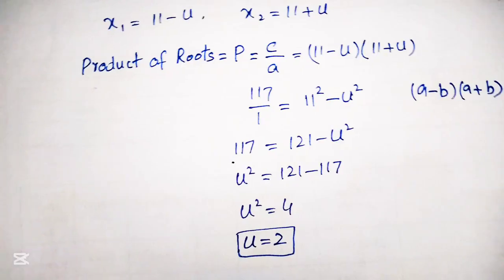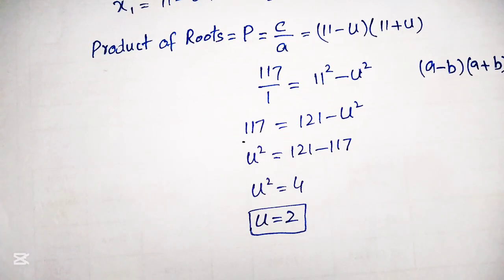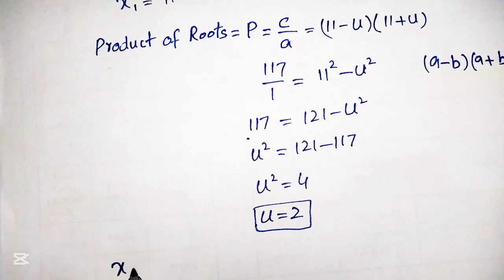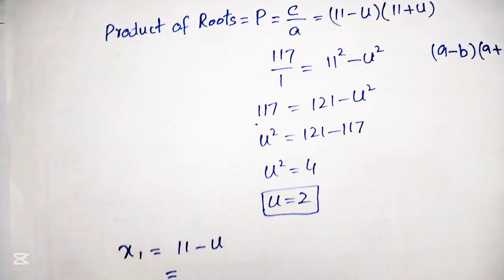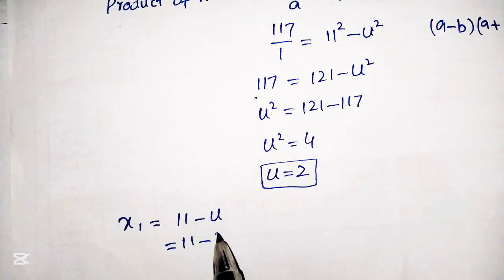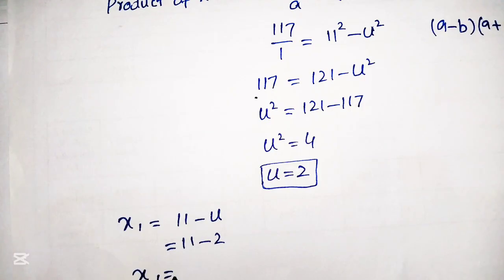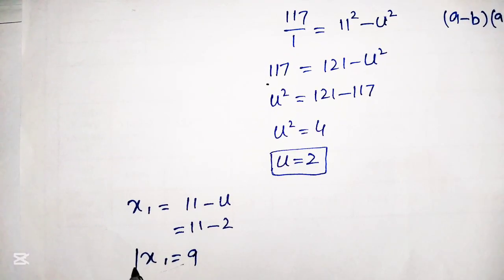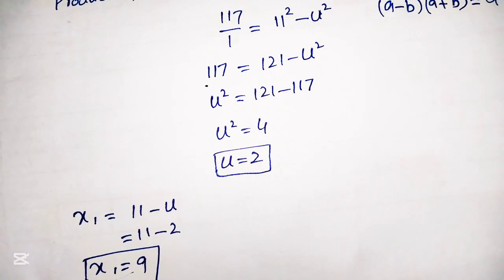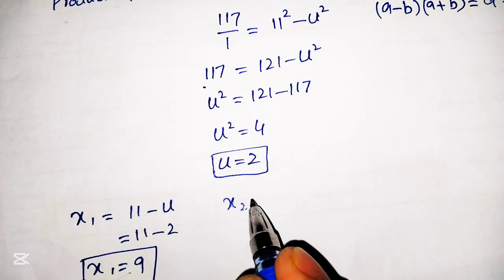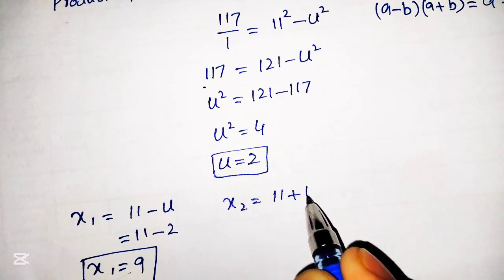Now we can find the roots of this given equation very easily. x1 is equal to 11 minus u, which is 11 minus 2, hence x1 is equal to 9. So we find the first root as 9.